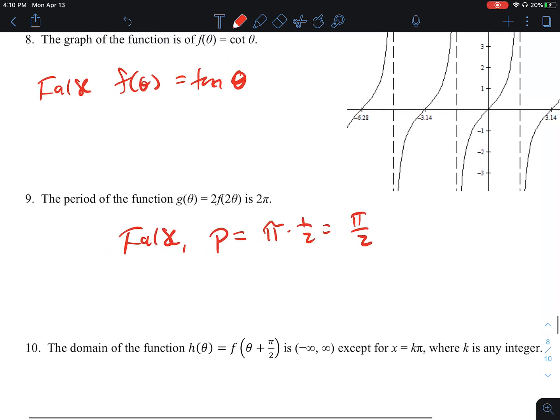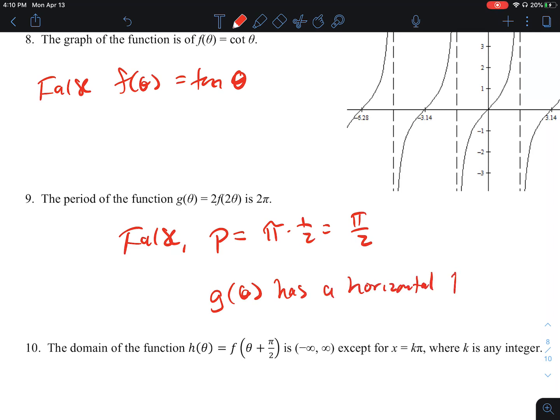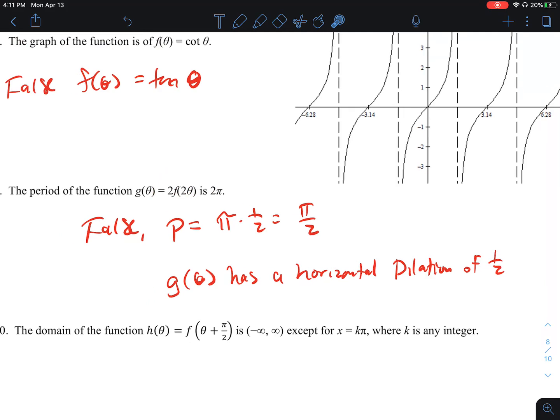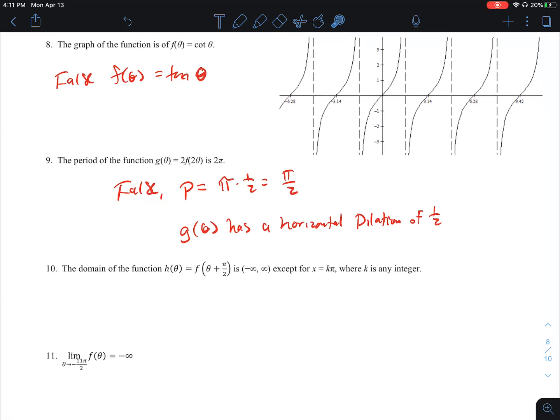So an explanation for that is g of theta has a horizontal dilation of 1/2. If it's inside the function, it affects it horizontally, and typically the number does the opposite of what you would think. Times 2 really means dilation of 1/2.